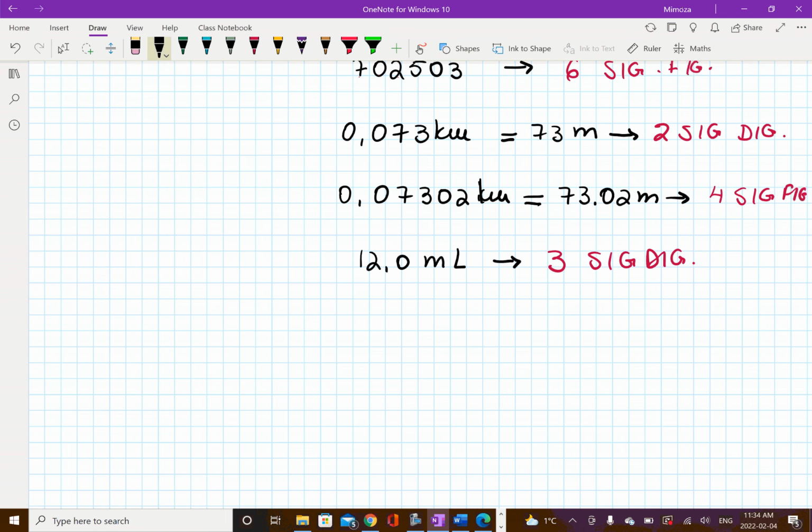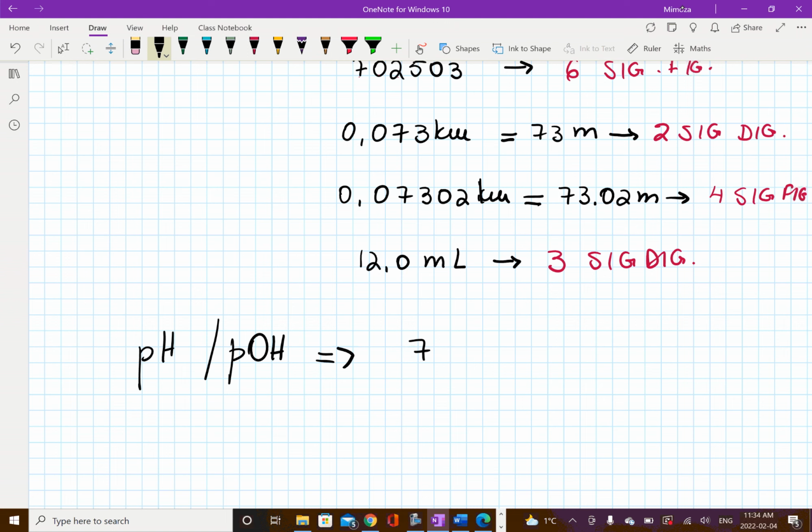Another thing to keep in mind, especially in science, is when you're dealing with pH or pOH: the significant digits are counted only from the digits after the decimal point.